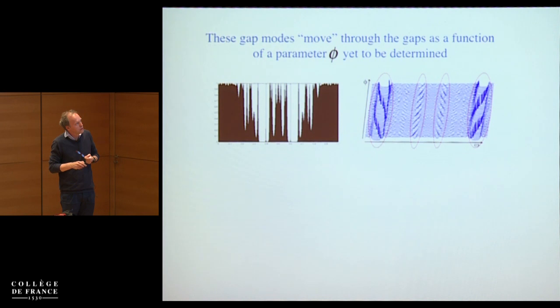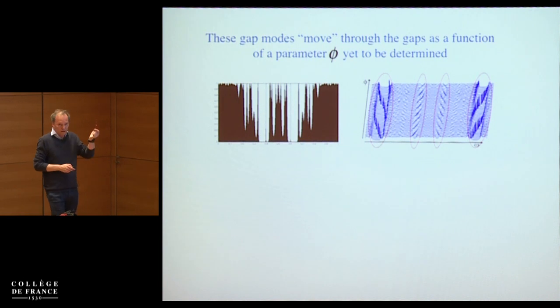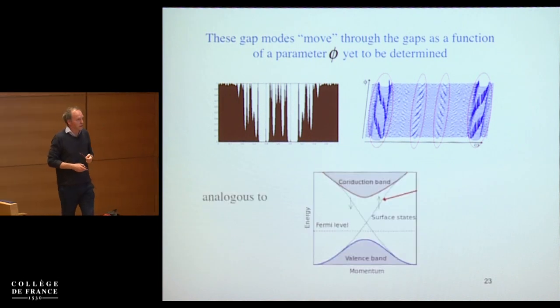They could enter the gap, go out of the gap, reappear here, and so on. And you see that they move differently in different gaps, and this is what I want to study. This is the idea that I want to convey.